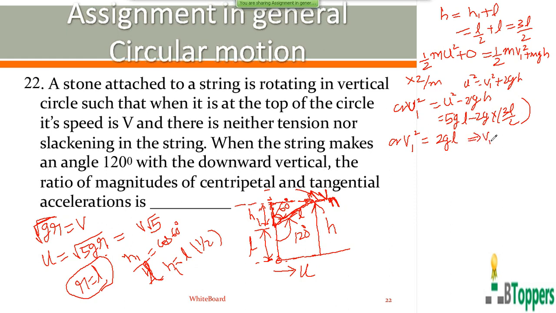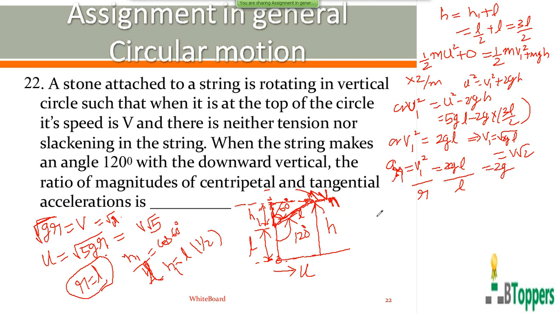If you're asked to find v1 in terms of v, you can write root of 2gL as v root 2, where root gL equals v. So the magnitude of the centripetal or radial acceleration is given by v1 square by r. v1 square is 2gL, and the radius of the circular path is the same as the length of string, so that is 2g.